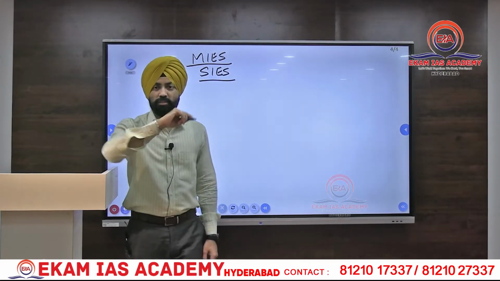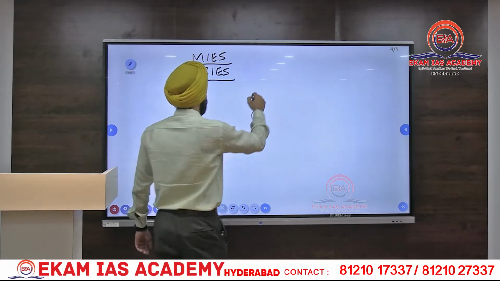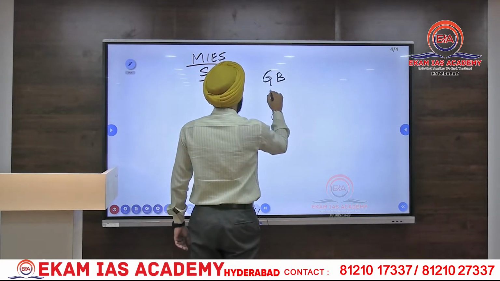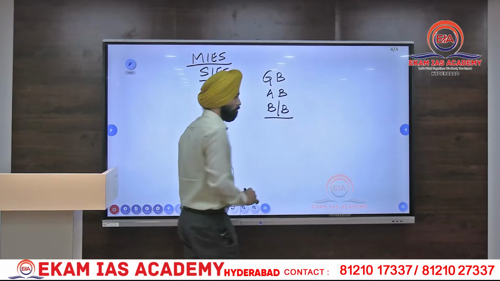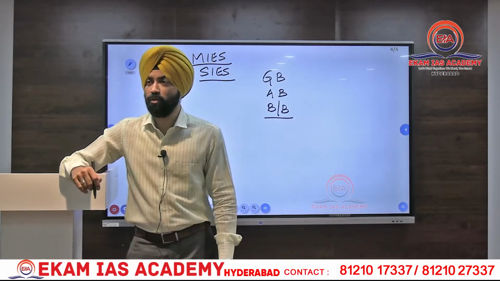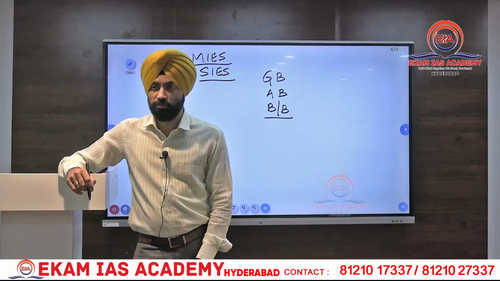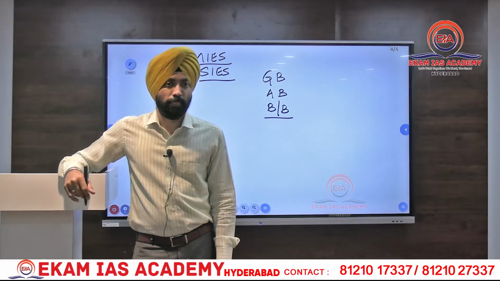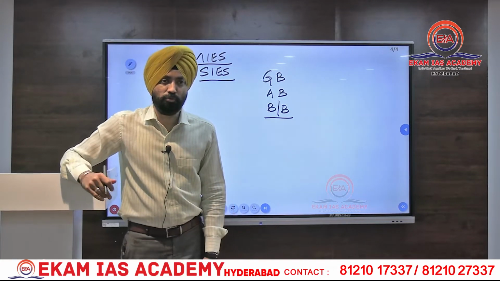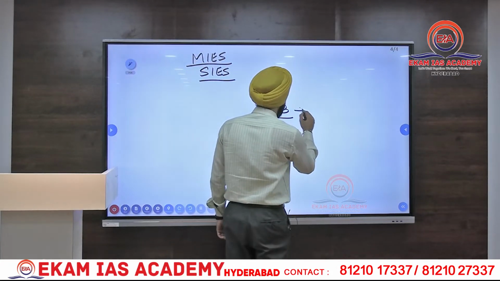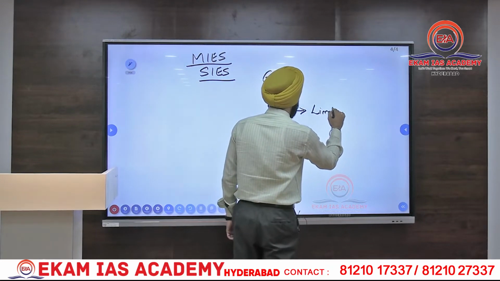We spoke yesterday about the green box, amber box and the blue box. What is the role of the blue box? Blue box is primarily meant to limit the production.